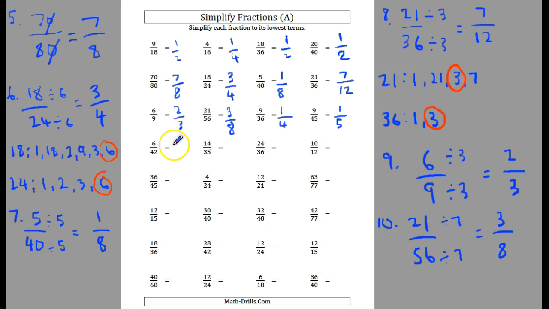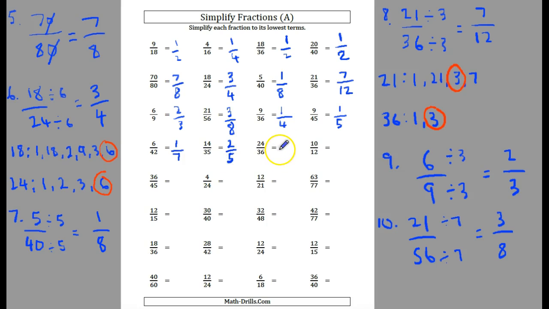All right, 6 and 42, so the highest common factor is actually 6, so we have 1, and then 42 divided by 6 is 7. 14 and 35. Now 14 doesn't go into 35, but 7 does, so we have 2 fifths.